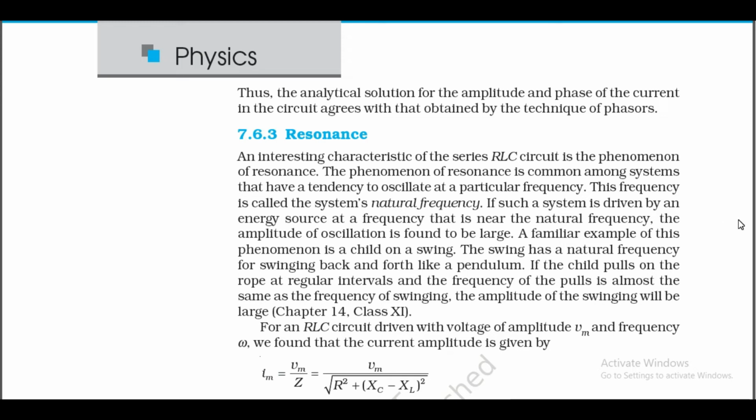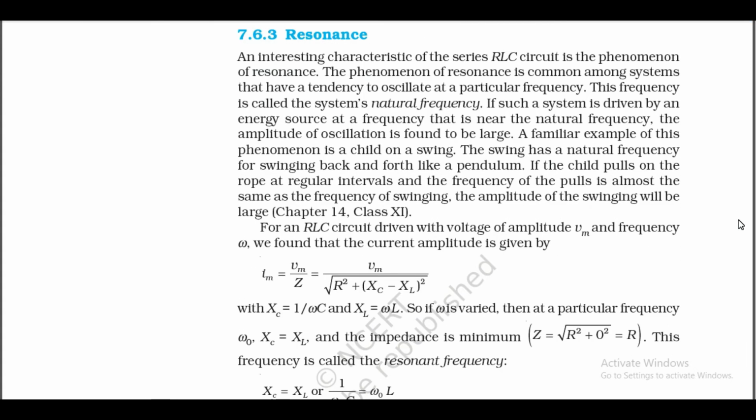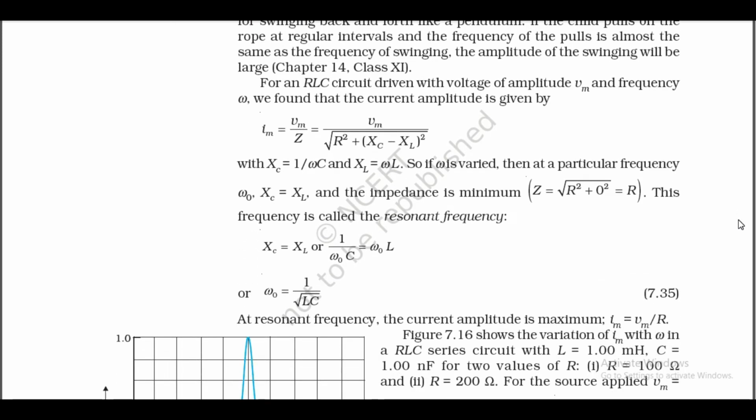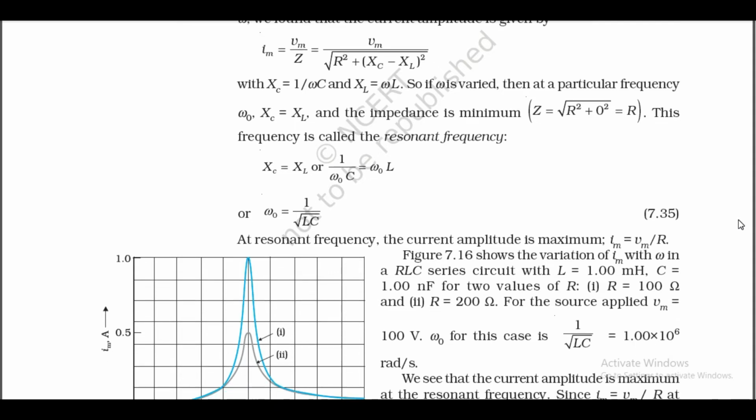For an RCL circuit driven with voltage of amplitude Vm and frequency omega, we found that the current amplitude is given by Im = Vm/Z = Vm/√(R² + (Xc − Xl)²), with Xc = 1/(ωC) and Xl = ωL.